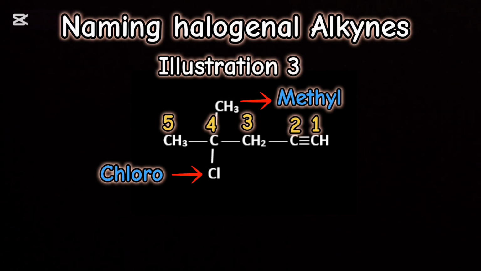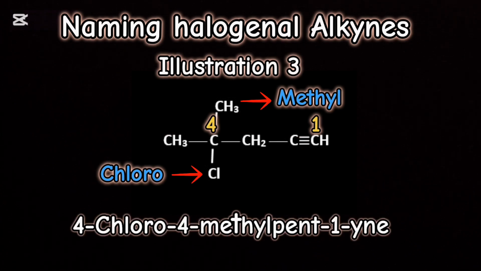Therefore, by respecting the alphabetical precedence of each of the two groups, we write the name of the compound as 4-chloro-4-methyl-1-yne, which is simply pronounced as 4-chloro-4-methyl-1-yne.